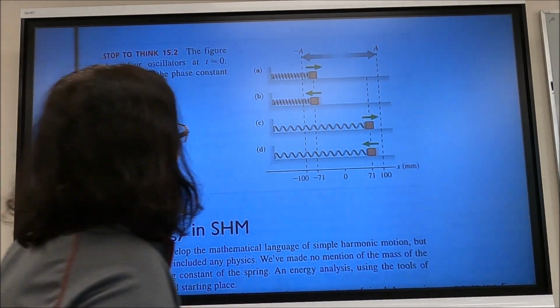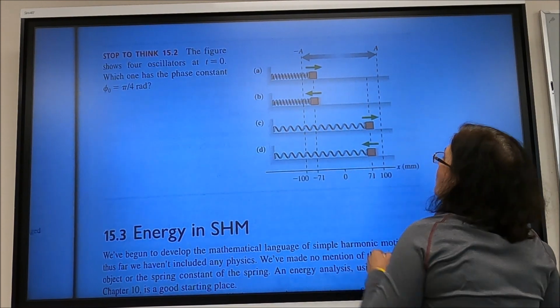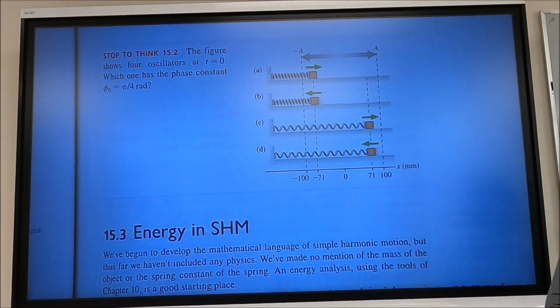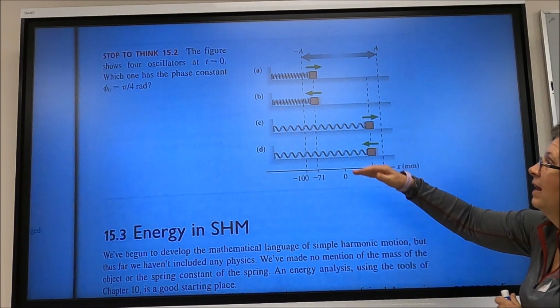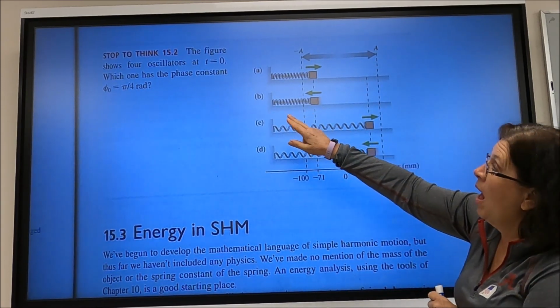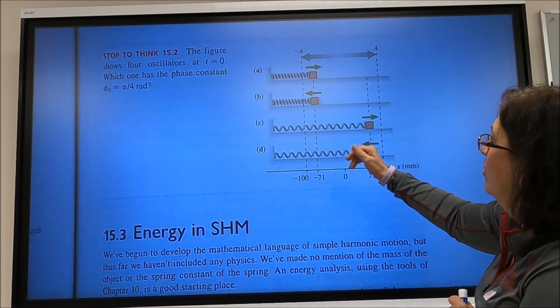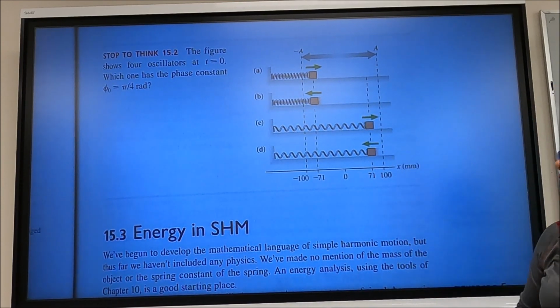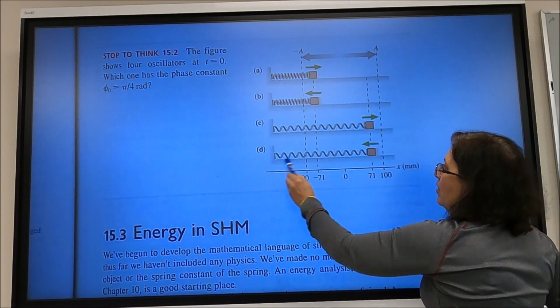So first off, I can knock out A and B because they're on the negative side of equilibrium. That limits us down to C and D. And since it's a positive phase constant, I know it has to be moving to the left. So our answer here is D.